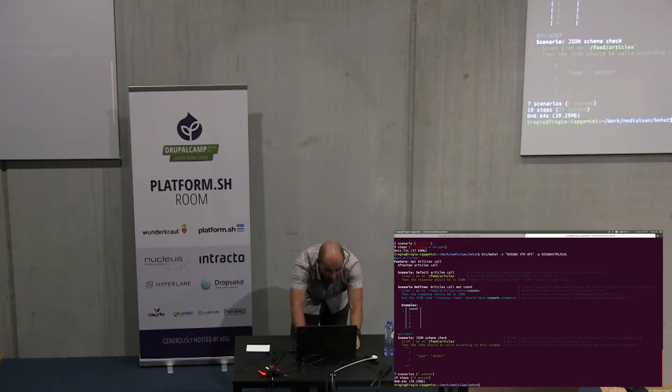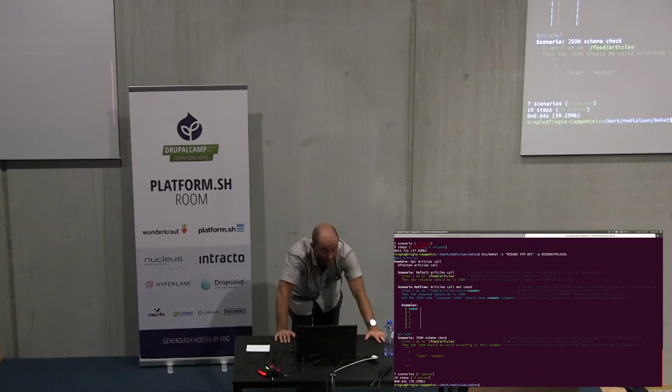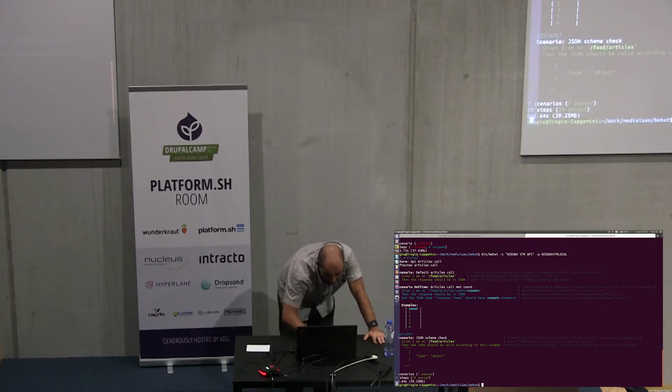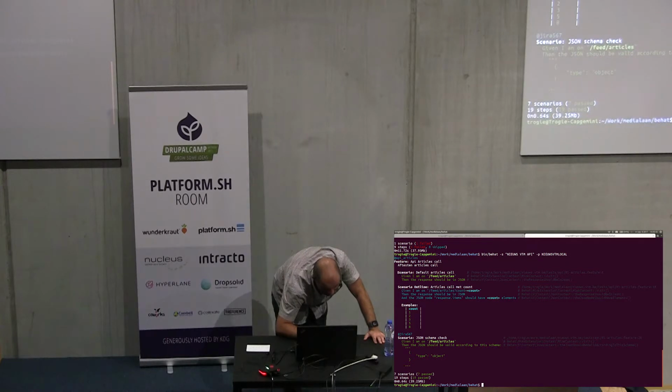This one should work. See, those are pure API tests. So of course, pure API tests, we don't need a browser. What did I do here? I was running 3 scenarios. One was just, given I'm on feed articles, then the response should be in JSON.